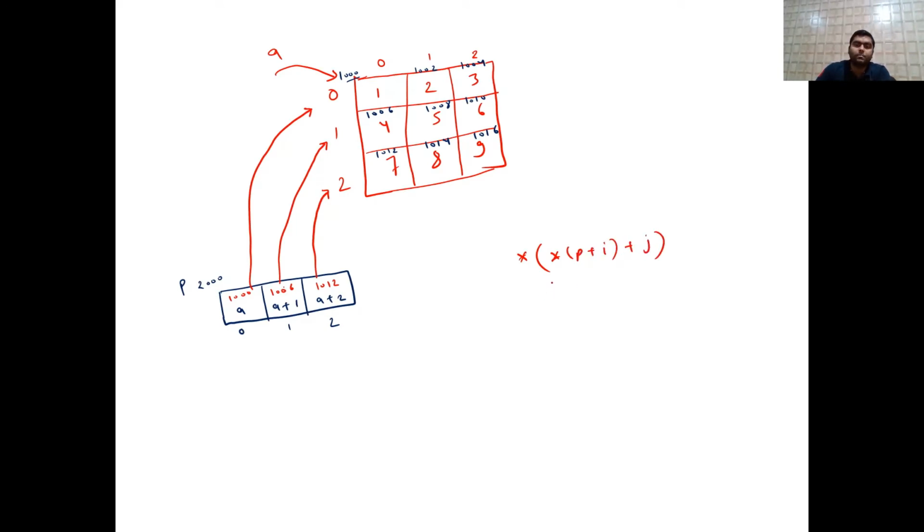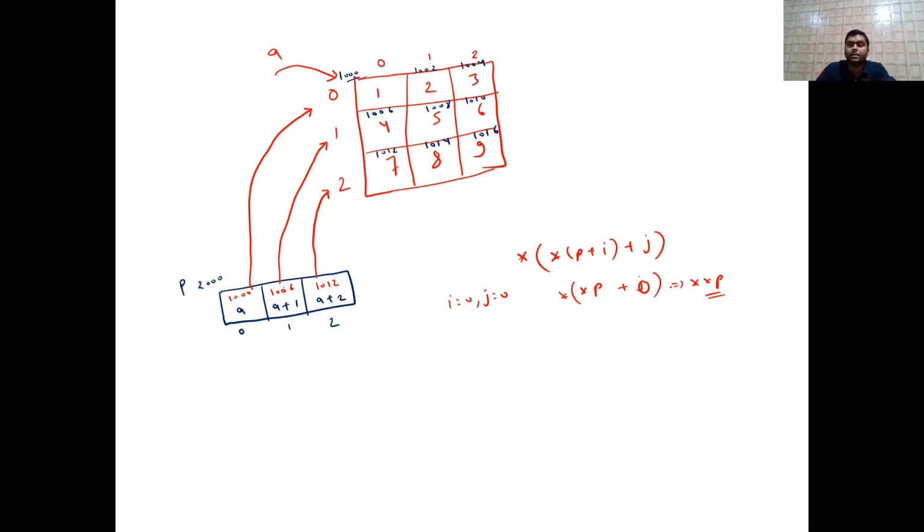Now observe what will happen. The first time, i value is 0 and j value is also 0. So in that case, star of p plus 0 means star p, and plus j is again 0. So overall this result will be double star p.